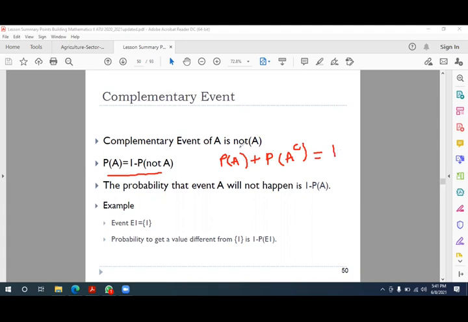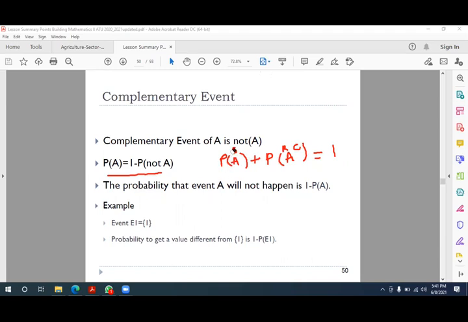So in the case of weather forecast, this A will be sunny. So not sunny will be what? Will be rainy. You understand? So the probability of a sunny day plus the probability of a rainy day would have been 1. So if you want the probability of a sunny day, it is 1 minus the probability of a rainy day.